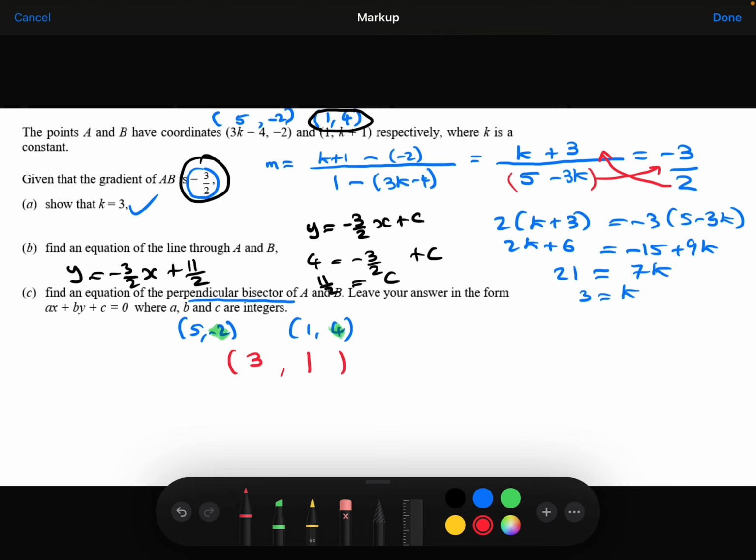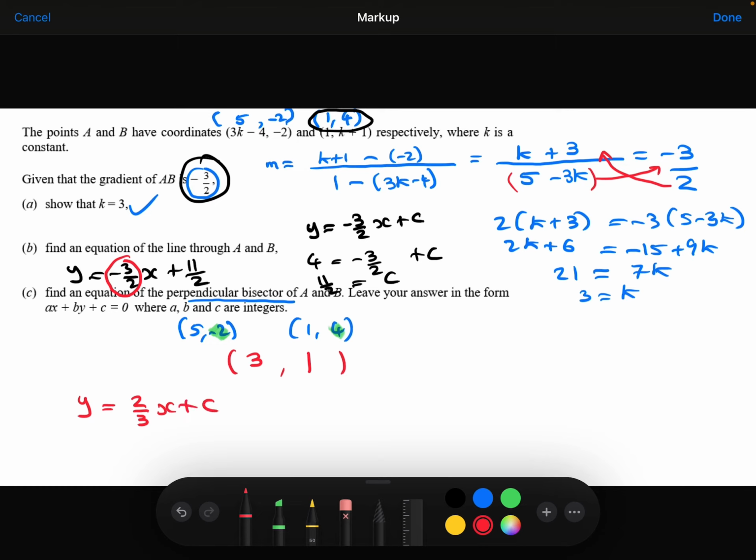We now need the perpendicular line. So I'm thinking negative reciprocal. The gradient of AB was -3/2. So the perpendicular line is going to be the negative reciprocal of that. So it will be positive 2/3.